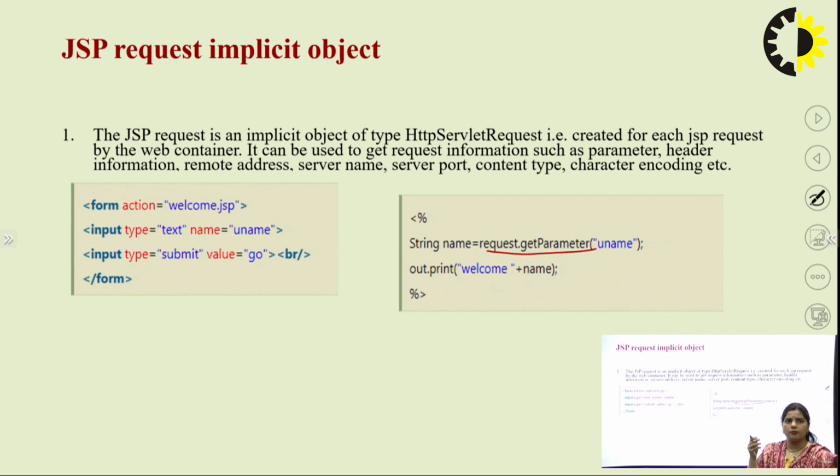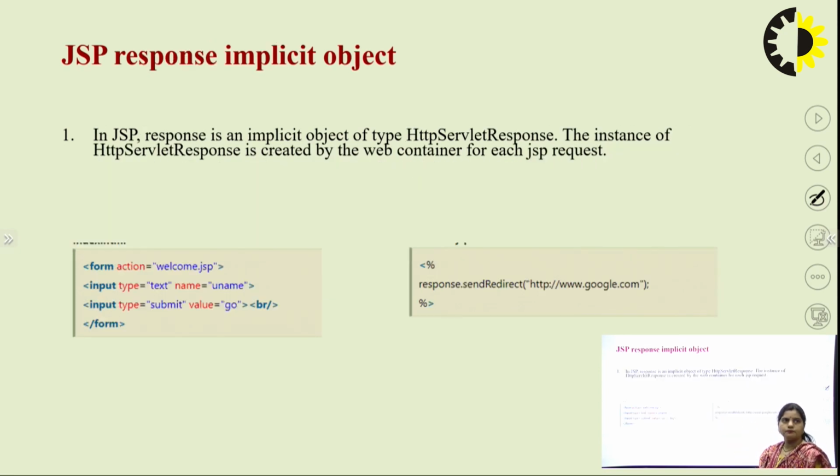Whatever information is needed to process that particular request, we have the request implicit object. So with request.getParameter we get the data of the parameter, that is the username.